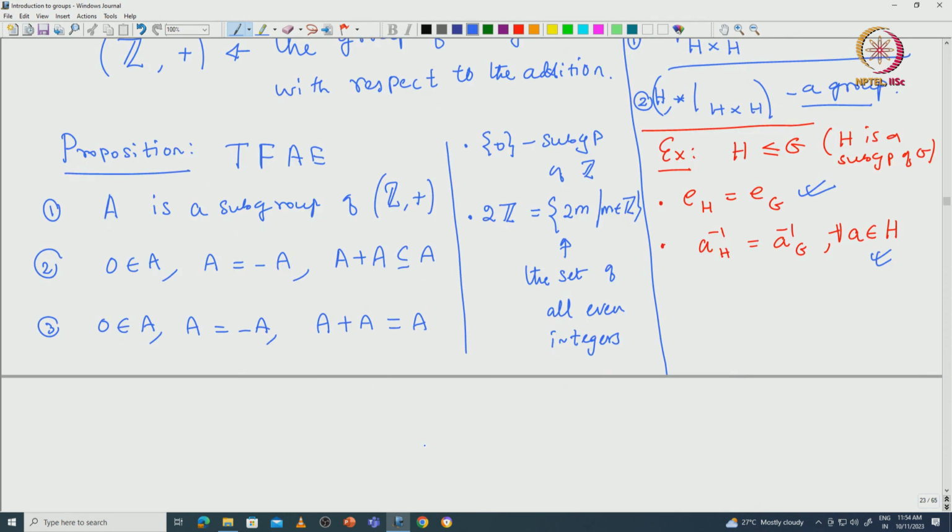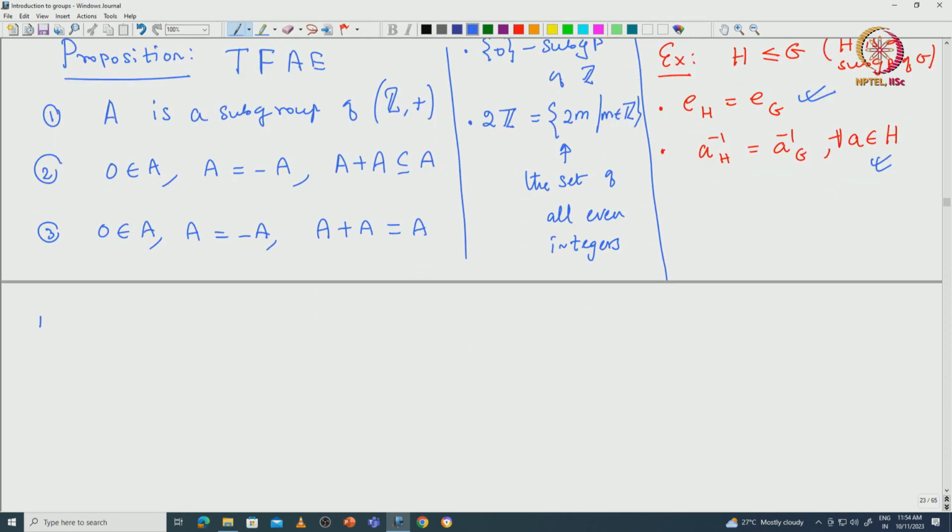Now, what is the fourth thing? That is more interesting. You can say that 0 is in A, A equals minus A, and A plus 2A is also a subset of A. Since 0 is in A, this is the same as capital A. Now the fifth thing, which is the most interesting part of the equivalence condition.